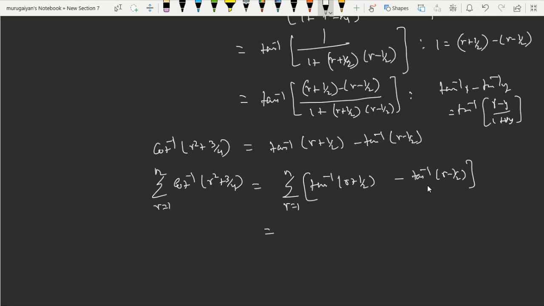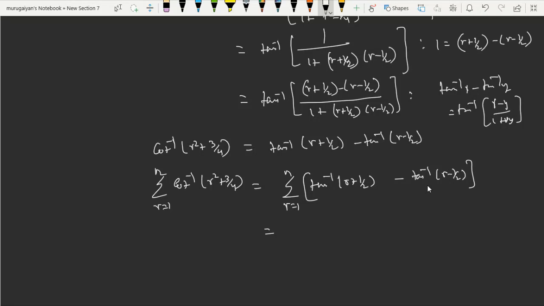How to get the sum of n terms? In the two terms, put r equal to 1. Which of the terms will be largest? That term should be retained. R equal to 1 means tan inverse of 1 plus 1 by 2, minus tan inverse of 1 minus 1 by 2.